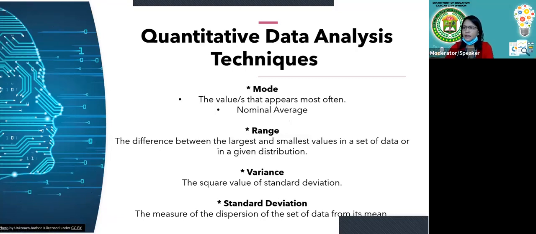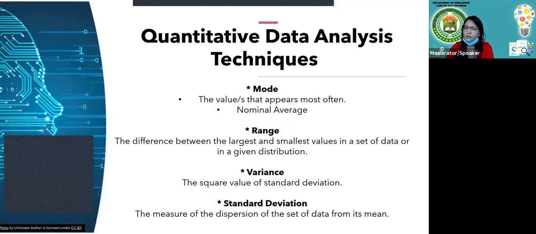This is the value that appears most often. If you want to know the mode of your data, you just have to see, for example, in a set of scores, the most frequently appearing score. Let's say there are 10 20s, 5 10s, and 5 15s. So the most appearing is 20. That would be your mode.